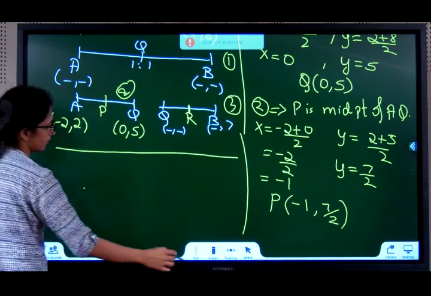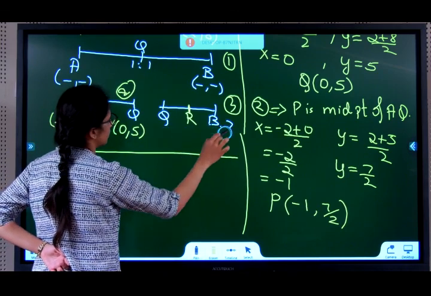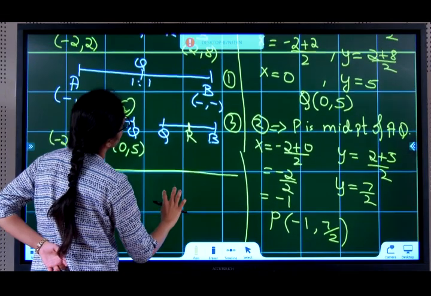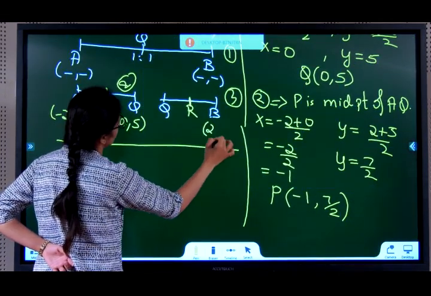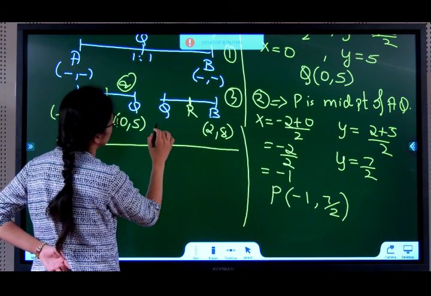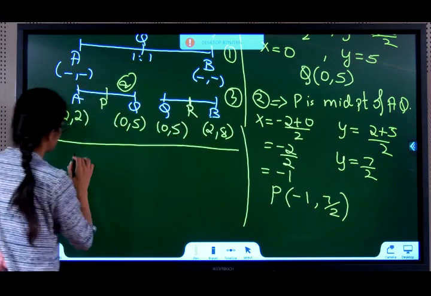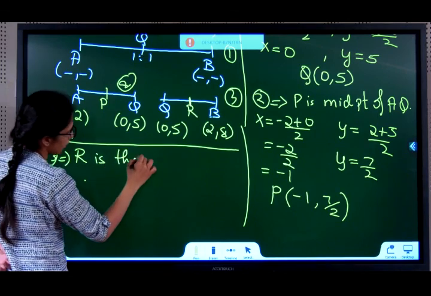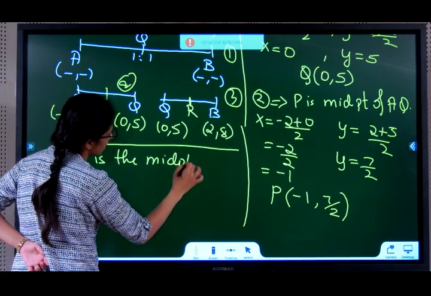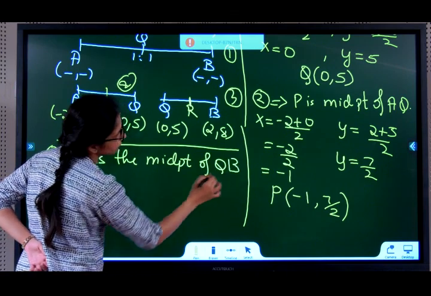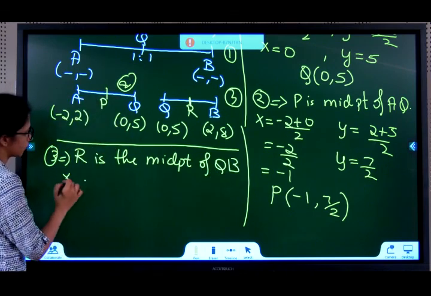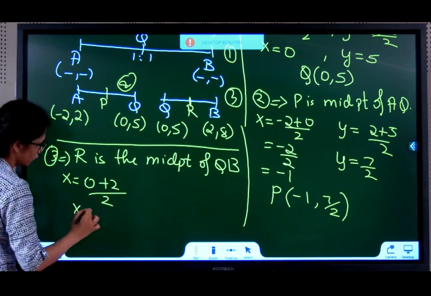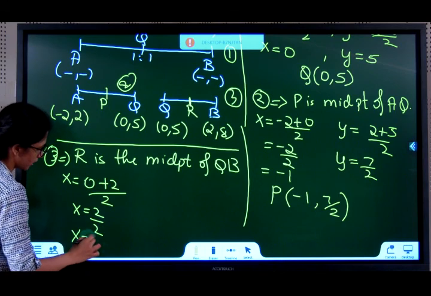The third part. What is B? (2, 8). Q is (0, 5). Now R, this is the third part. R is the midpoint of QB. So for R, what is x? (0 plus 2) by 2, or 2 by 2, which is 1.